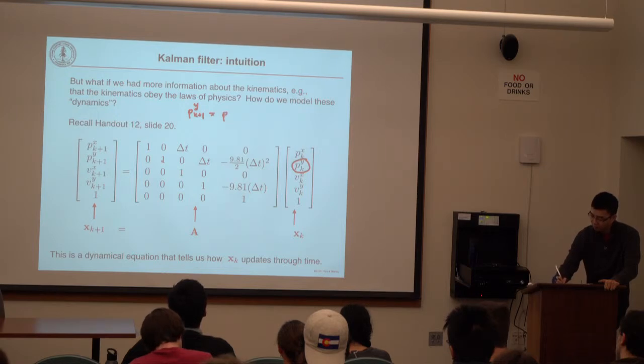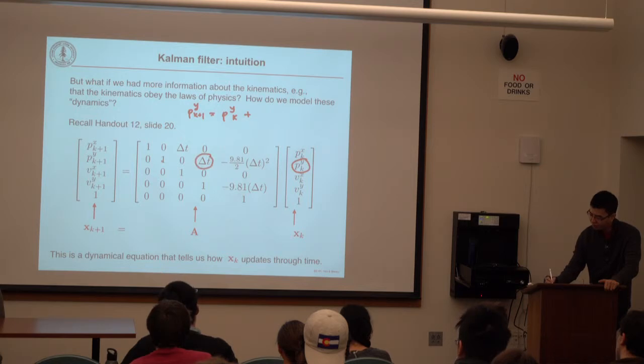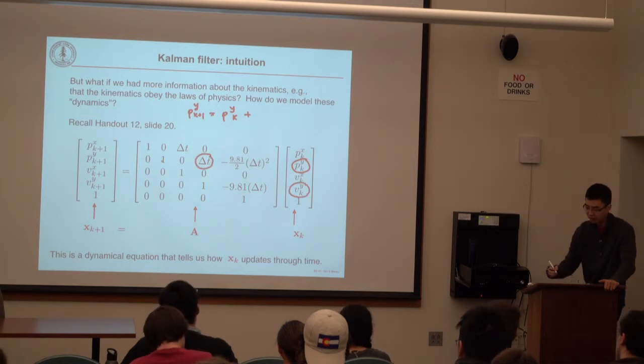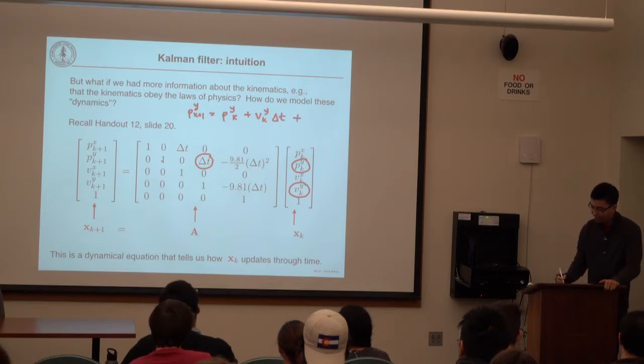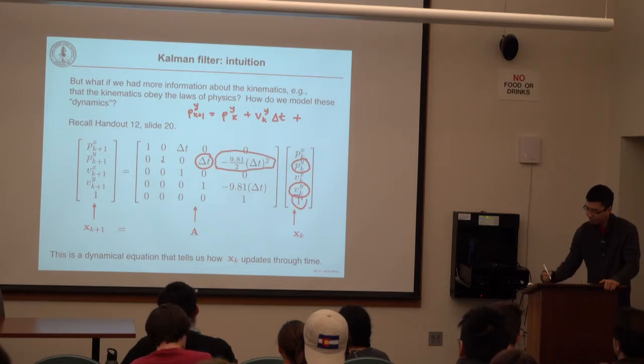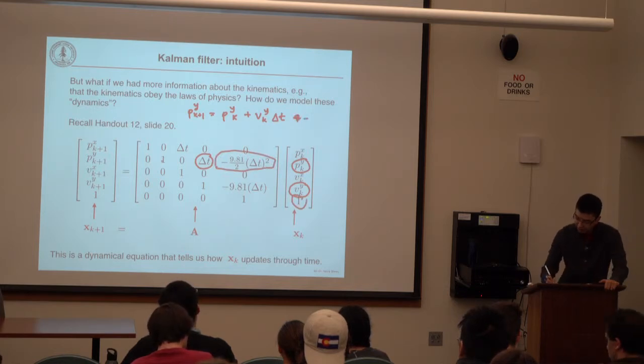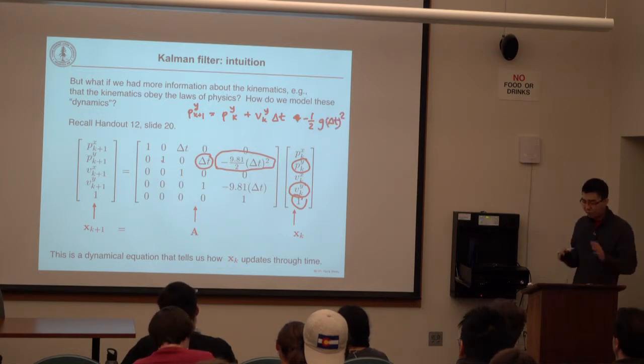So it's equal to p y of k plus this delta t term, which corresponds to this velocity term here, plus v y of k delta t, plus, and then this constant here is multiplying this 1. So this is minus 1/2 g delta t squared, where g is just gravity. And so, no surprise, we went over this equation.